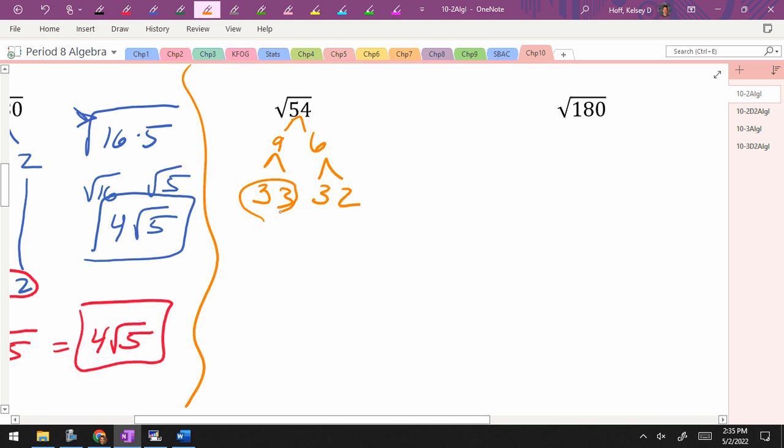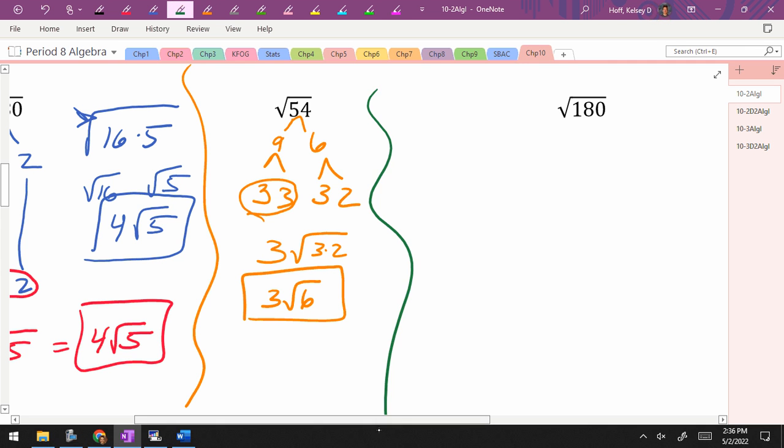Okay, so these 3's get to break out of jail. I write them down one time. Anybody else? So these two numbers are stuck in jail as 3 times 2. Now what is 3 times 2? So we have 3 times the square root of 6. All factor trees. Try 180 on your own.